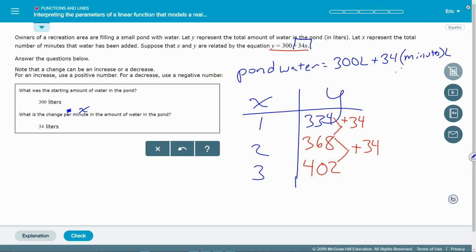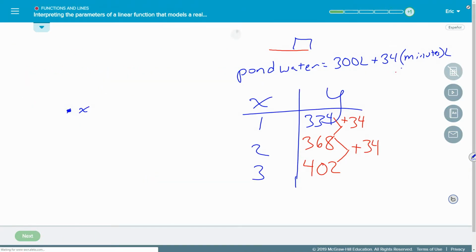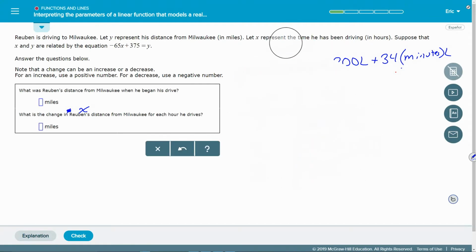So if this was 300 minus 34, my rate of change would be negative 34 liters. So just to hammer home this point, I'm not even going to read the prompt. I'm going to read the question of what is the change in Ruben's distance from Milwaukee for each hour he drives? Per and each are multiplication jargon.